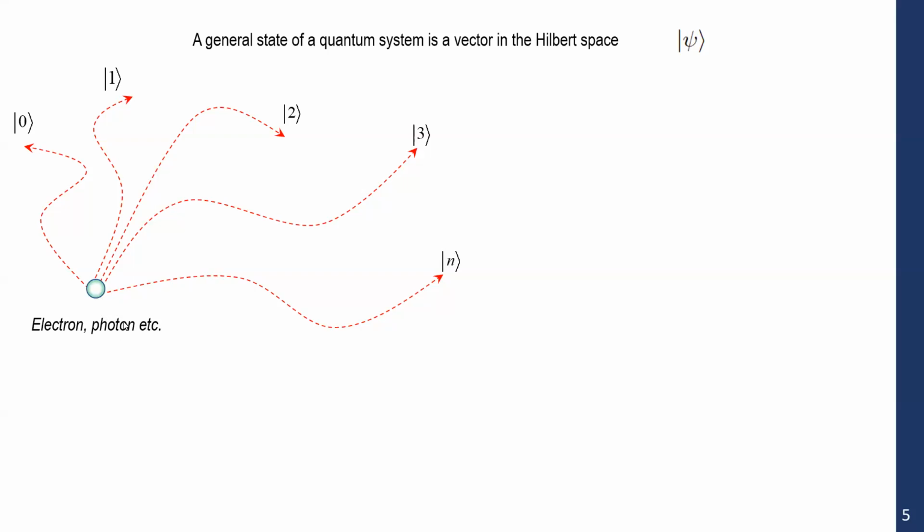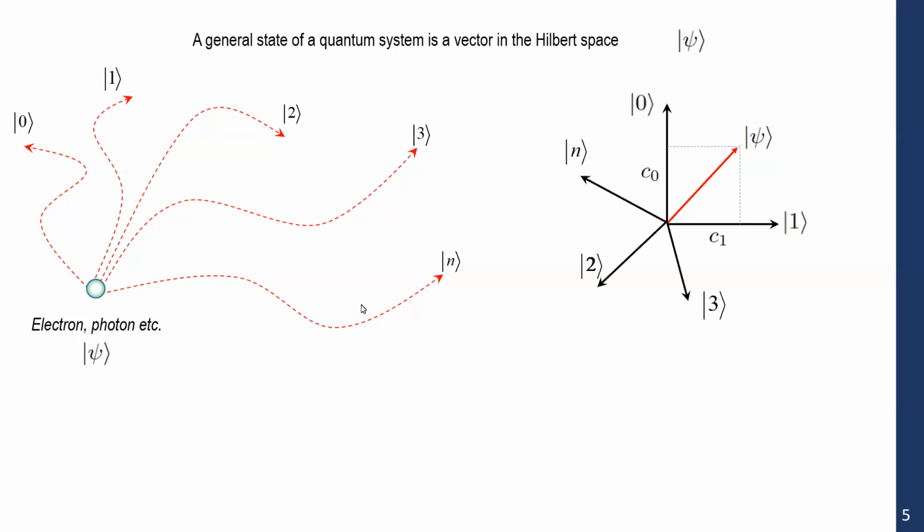It can be an electron or photon, whatever, and this particle can take different paths in space, and we number them path number 0, 1, 2, 3, etc. We have to take into account all of them and write the state of this quantum element as a vector in the Hilbert space of n dimensions.